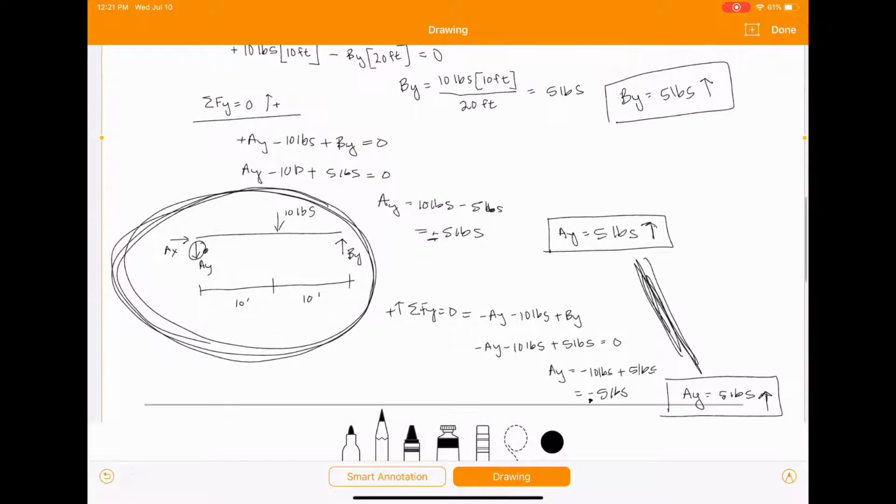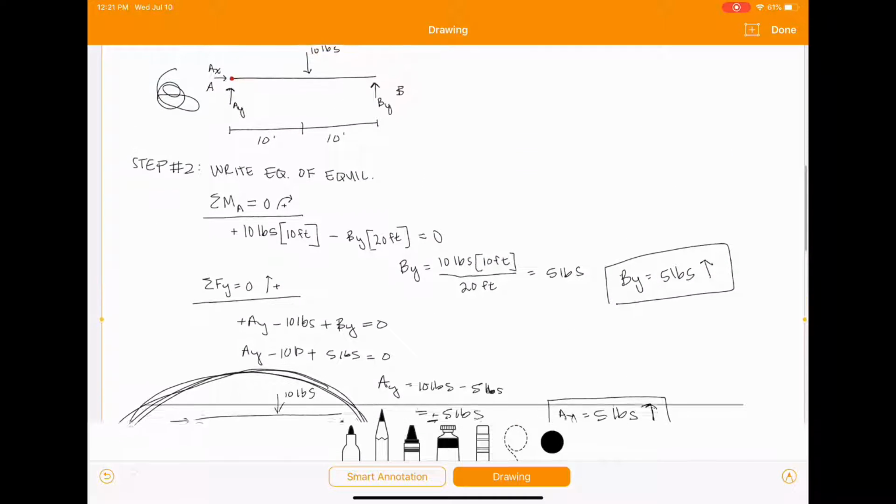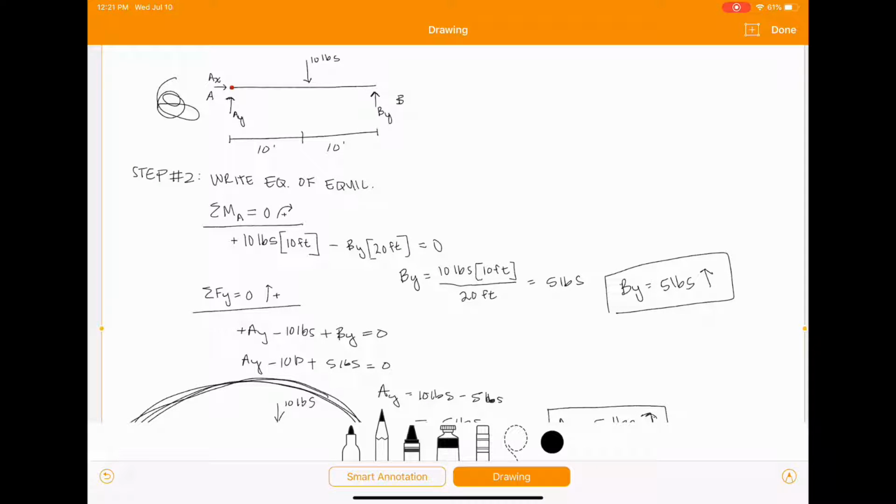All right, so we've got our AY and our BY in this picture up here. So the only thing left to do is sum of forces X. Now you can write out this equation, but from inspection you can see that the only X force that's acting on this beam is AX. So AX has to equal 0. Again, you can write out that whole equation.